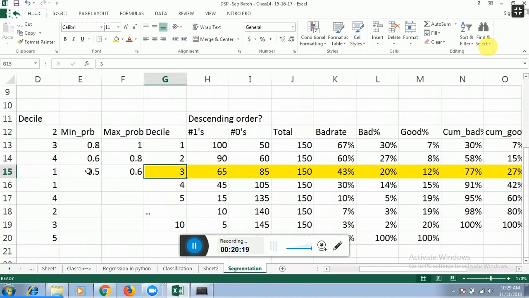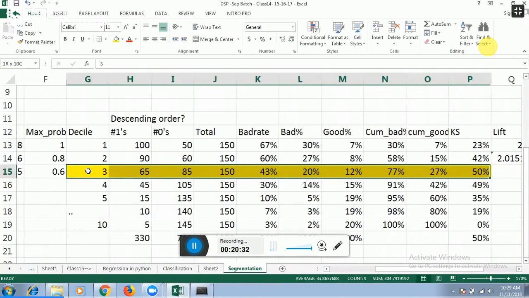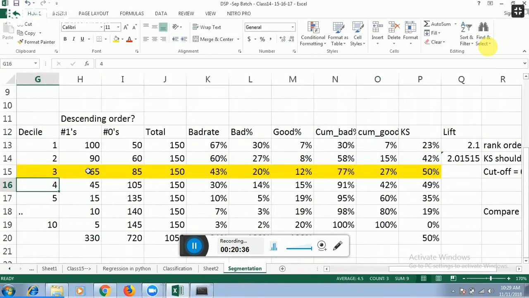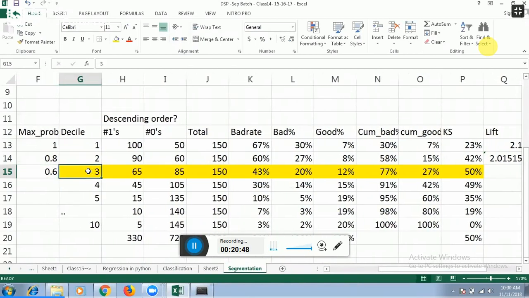Please come again with good and bad customers. What did you say? I'm saying that the cutoff is basically wherever the case is coming. From this, the first 3 deciles I'm calling as bad customers, and 4th to 10th I'm calling as good customers, based on the KS where I'm getting the decile. So if I want to use the decile, I can use the decile, but the decile is not the best way to identify the cutoff.